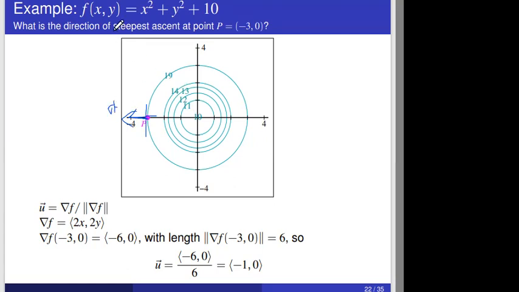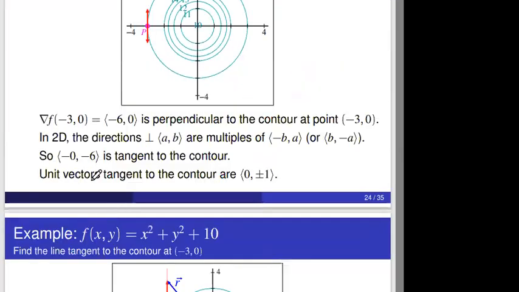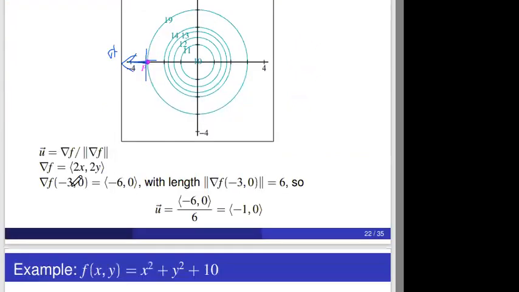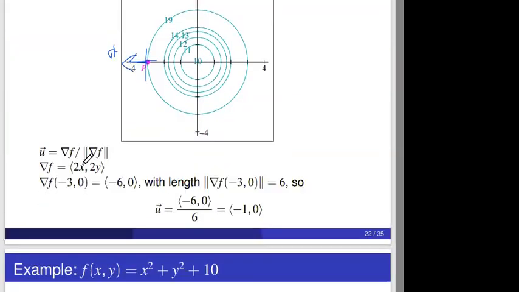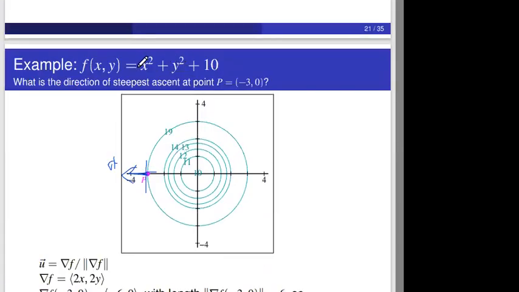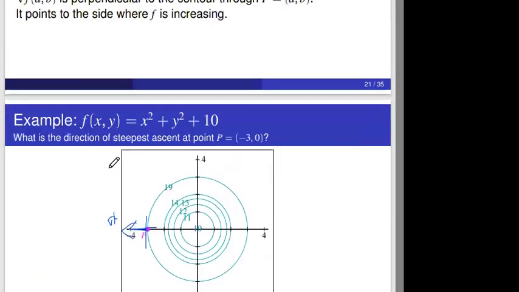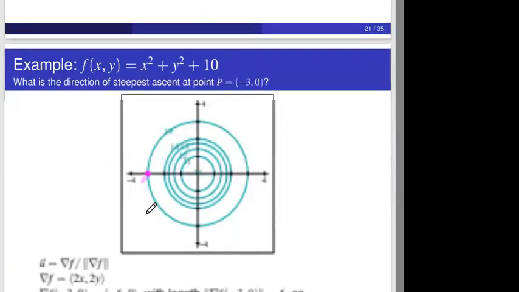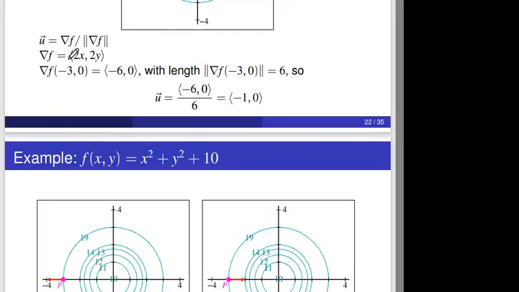So how do you find that? You are given the function, so first find the first derivative. The partial of f with respect to x is 2x, the other term becomes 0, and the partial of f with respect to y is 2y. So for the gradient at this point, you plug the point into this equation.